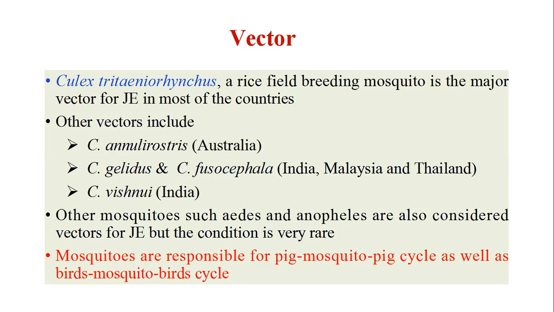Other mosquitoes such as Aedes and Anopheles are also considered vectors for JE, but this is very rare. Mosquitoes are responsible for the pig cycle as well as the bird-mosquito-bird cycle.